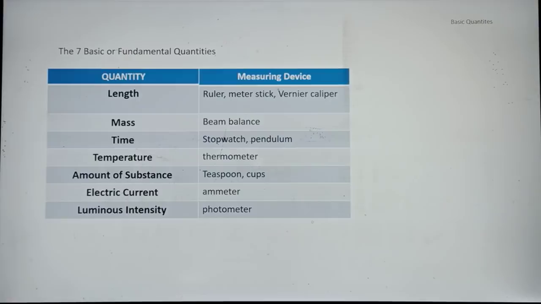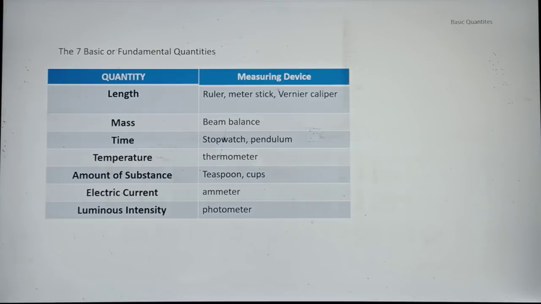Some of the measuring devices for length are ruler, meter stick, vernier caliper. For mass is a beam balance, be it an equal arm or triple beam. For time, wristwatch, stopwatch, pendulum. For temperature, thermometer.